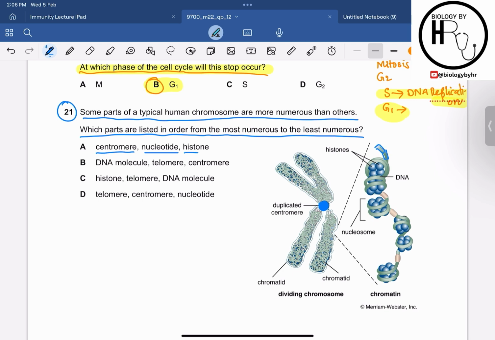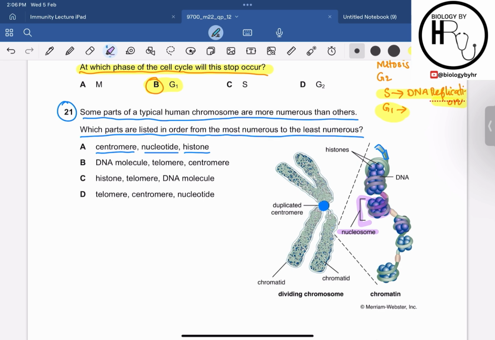And if I talk about the histones, these spherical structures over here are the histone proteins, and the whole structure is known as the nucleosome, right? In the nucleosome the turns of the DNA are included, as well as the histone proteins. And the number of histone proteins in one nucleosome is, I believe, 8. Yes, there are 8 histone proteins in one nucleosome.